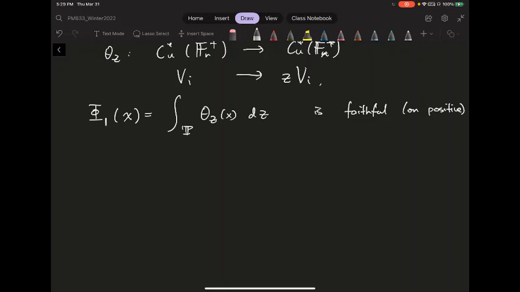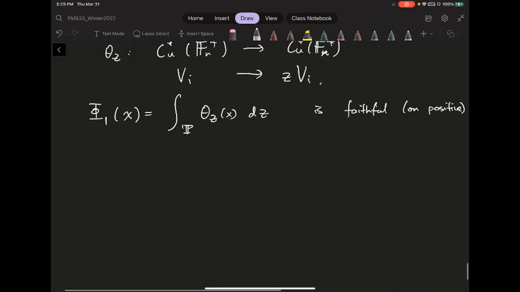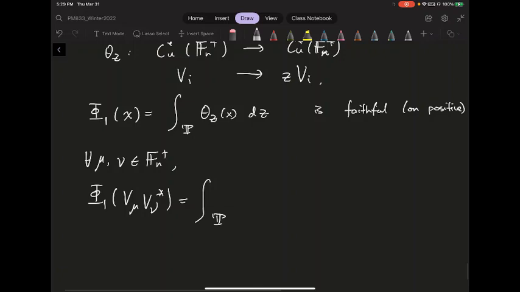So let's consider what this phi one will kill off of v mu v nu star. Let's take any mu and nu inside the free semigroup, and let's consider what happens when you apply phi one to v mu v nu star. You're just integrating over z.